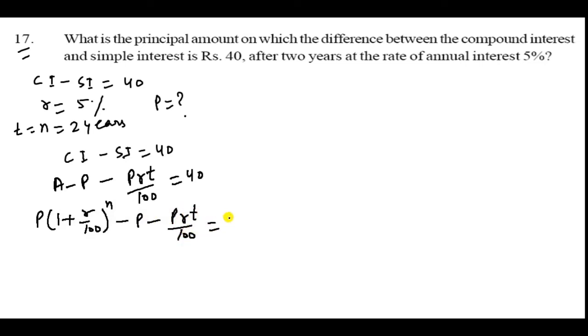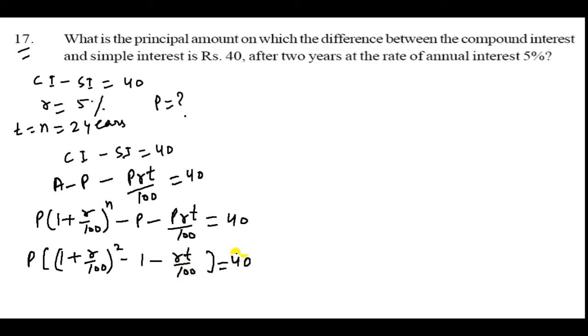So apply the formula. Amount will be equal to P into 1 plus r upon 100 to the power n, minus P, and minus PRT upon 100, and will be equal to 40.